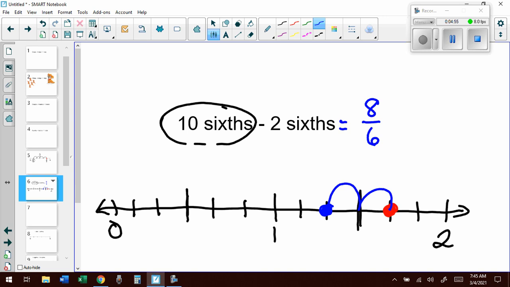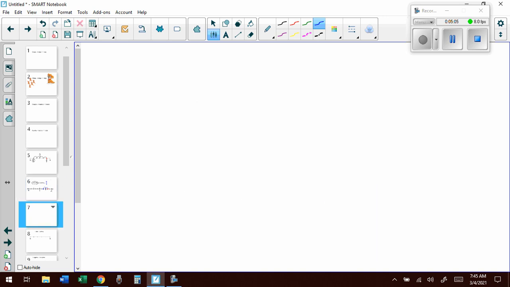Now what do you notice about 8 sixths? If you've noticed that it is greater than 1 whole, you're correct. So now we need to take our answer, 8/6, and we need to write it as a mixed number. We're going to do that using a number bond.